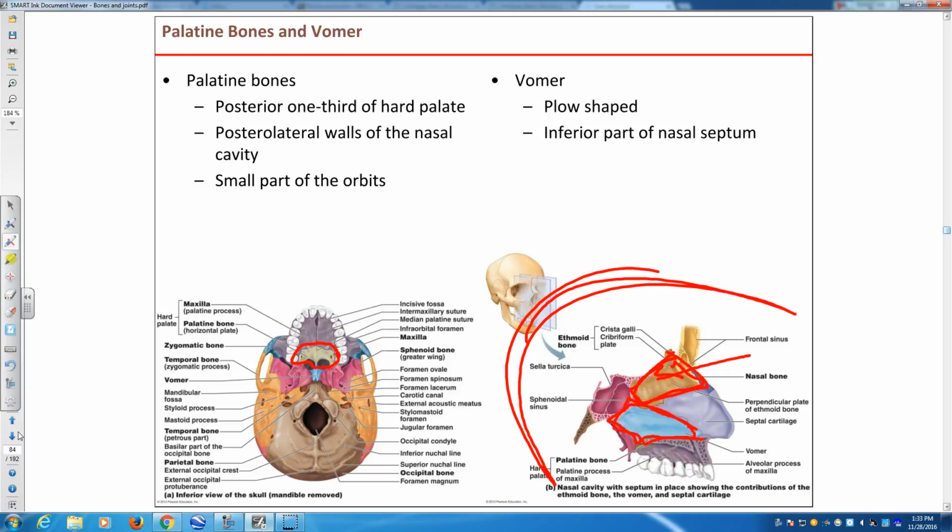Vomer, which is highlighted in blue, forming the inferior portion of the nasal septum. And cartilage, the nasal cartilage, which is very, very light violet here, okay, that forms the nose. It's pretty much one of the determinants how your nose looks like is the size of the nasal cartilage.